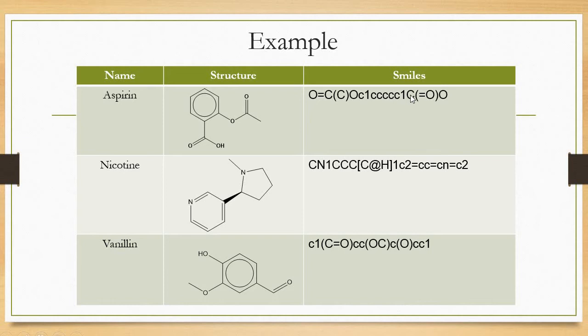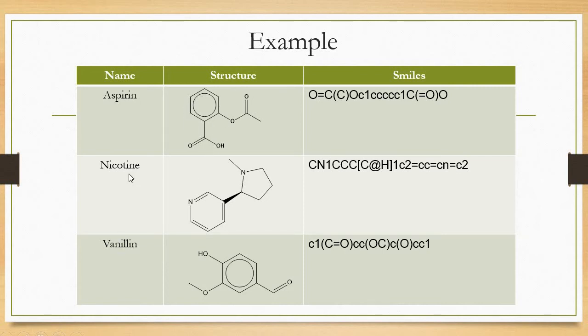So it is carbon double bond O, which is written in brackets. Brackets show the branching. We will also discuss the specification for branching. And then this O is here. So this is the SMILES notation for this aspirin structure.